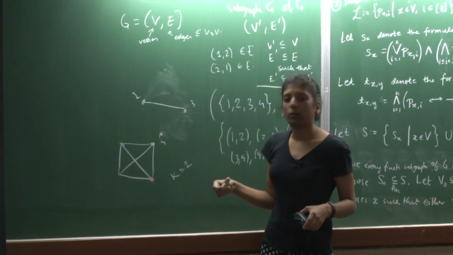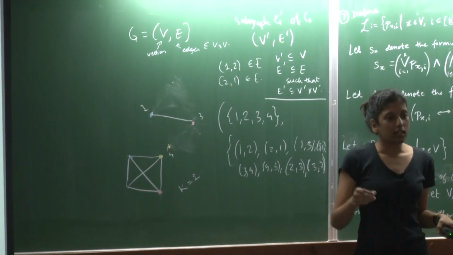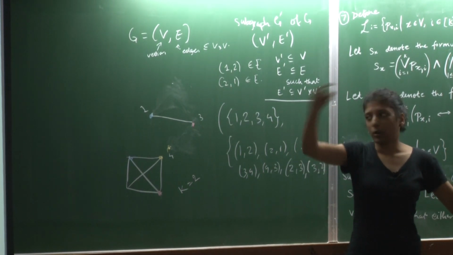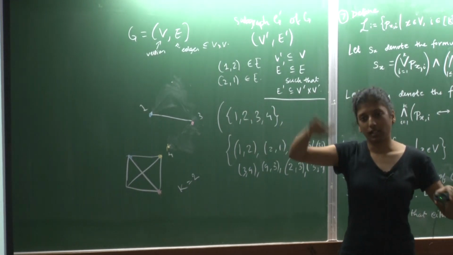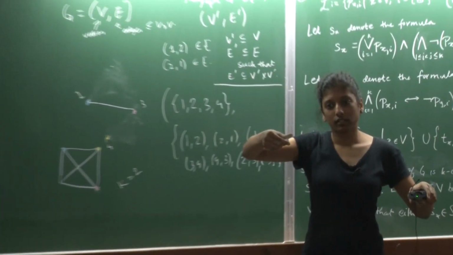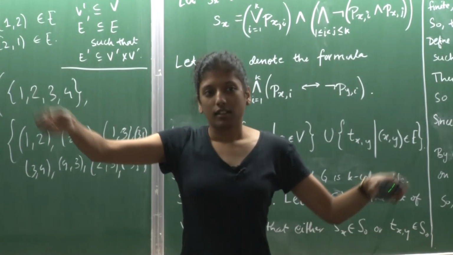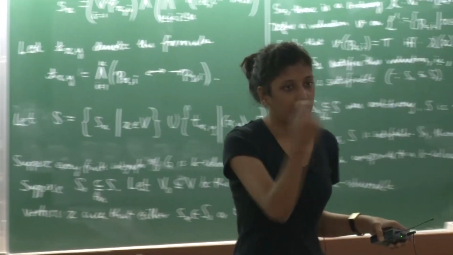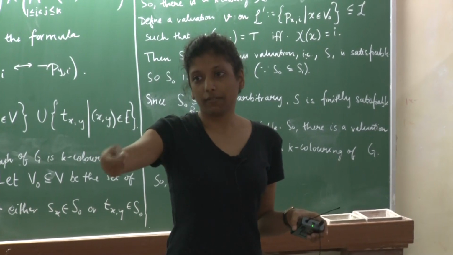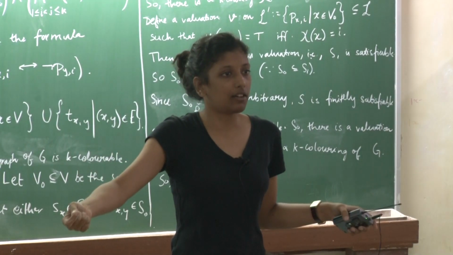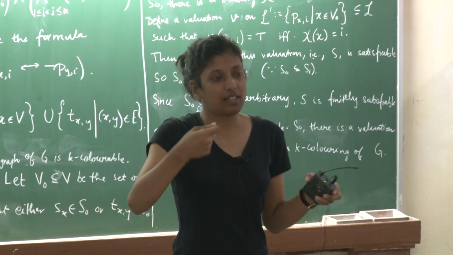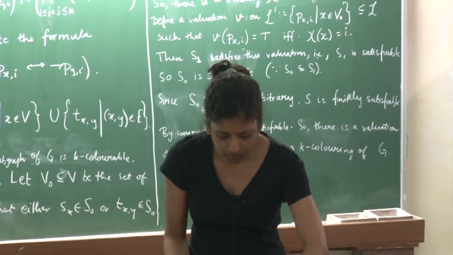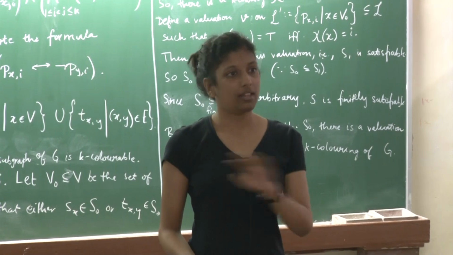Do you think this would hold in general, that if I take a graph and I take a subgraph of it, if the original graph was k colorable, should the subgraph also remain k colorable? Yeah? Right? Okay. So that means that one side is obvious. If a graph is k colorable, then every finite subgraph must be k colorable. In fact, every subgraph will be k colorable, even if you remove the finiteness condition. So, any questions?